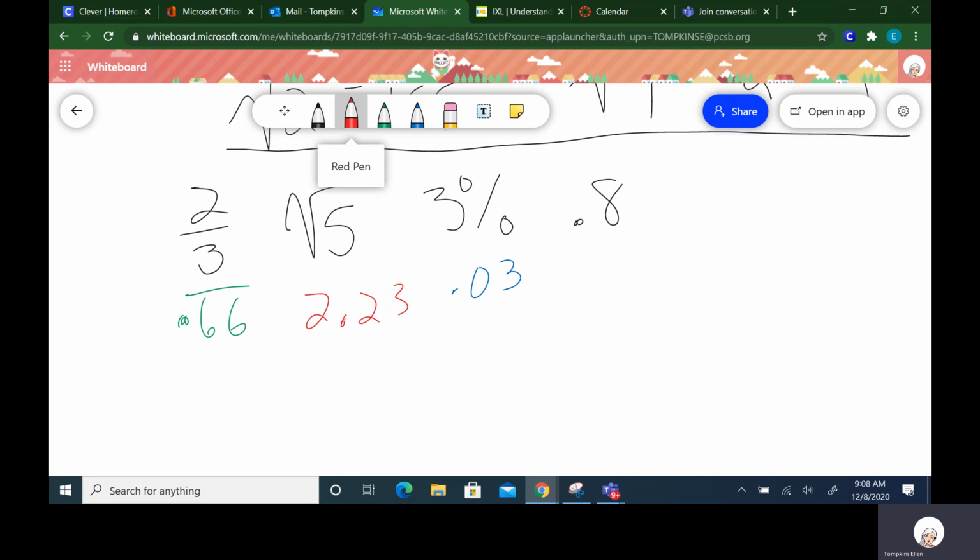2.23. Now, if I had to put them from greatest to least, they don't have you put your answers in the decimal format. You need to compare them in decimal format, but when you actually put them on an answer key, you're going to have them with their original form. So you're going to have the square root of 5, and I'm going greatest to least.